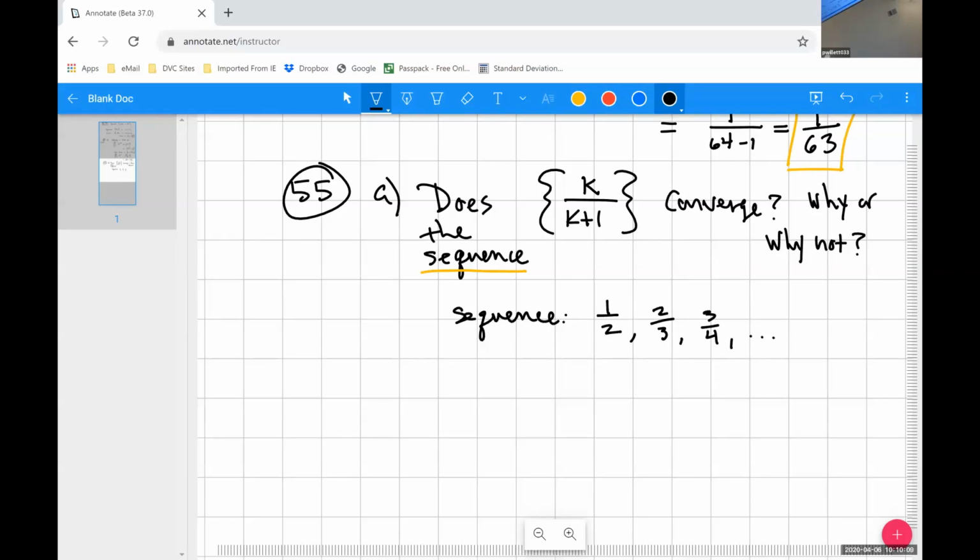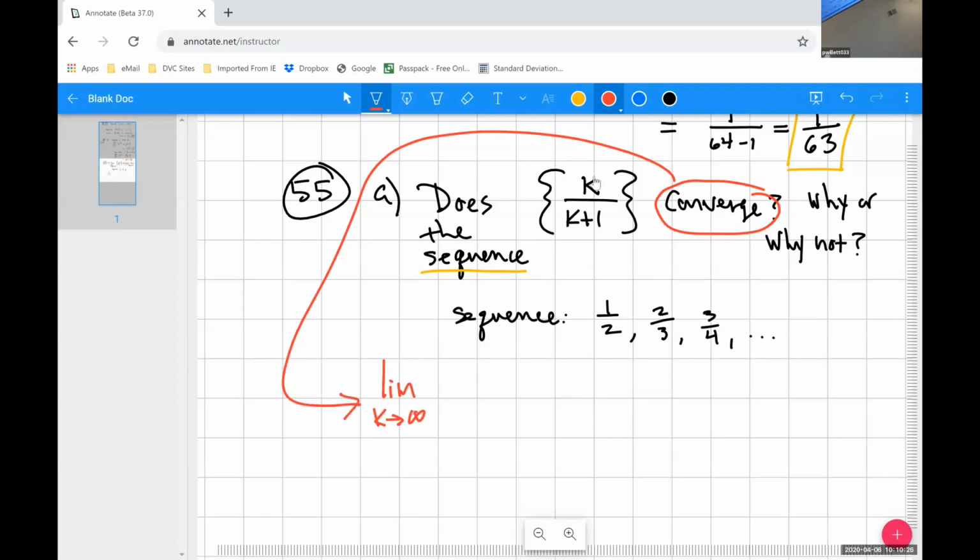Okay. So when you're looking at a sequence, it will converge or not based on if the limit as k goes to infinity of the terms of the sequence exists or not. So again, for a sequence, we are not adding up these values.